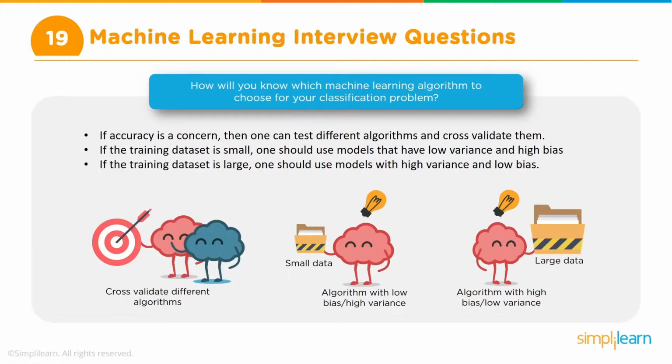But within the classification algorithms, you have decision trees, SVM, logistic regression. Is it possible to outright say, for this particular problem, this is the exact algorithm that you can use? That is not possible. So we have to try out a bunch of algorithms, see which one gives us the best performance and best accuracy, and then decide to go with that particular algorithm.